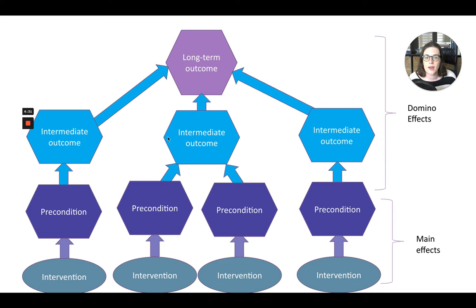These are the things that, if they were all to happen, would almost immediately add up to the long-term outcome. The preconditions are the things that influence those intermediate outcomes. And finally, the interventions are the things, programs, services, benefits that social impact organizations and networks do in order to achieve that goal.